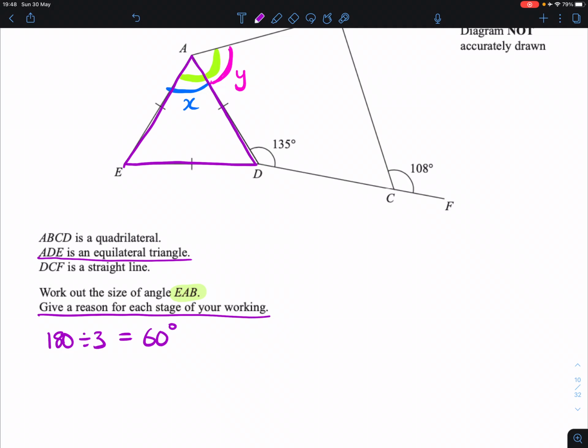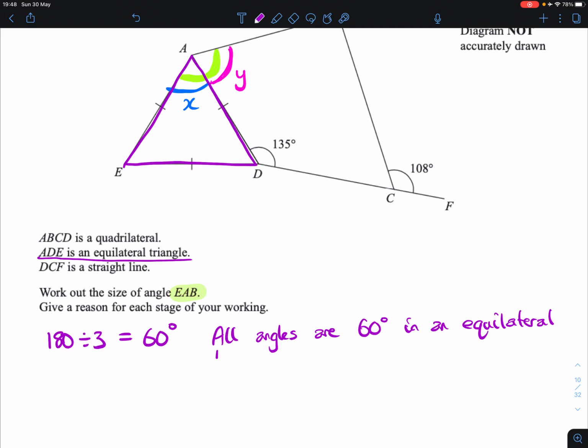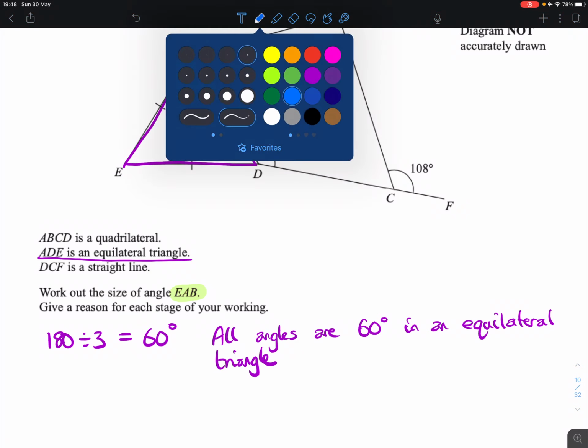Your reason for this would be because it's an equilateral triangle, so all angles are 60 degrees in an equilateral triangle. You could probably just write equilateral triangle as well, but I'll be a bit more detailed here. So X equals 60.